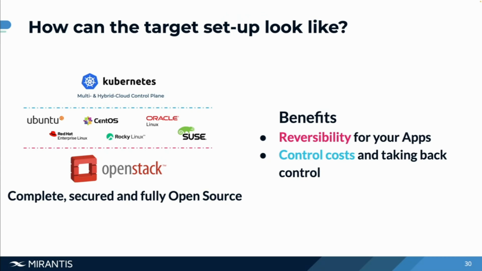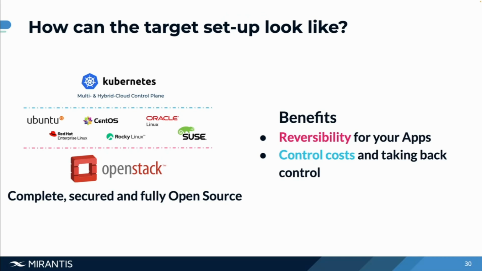But the target environment at the end of the day, if you look at the different strategies, whether it is VMs to VMs or VMs to containers, most probably it's going to be a mix of both, right? Because if you are going to retain some of these applications, maybe you don't want to retain these on expensive proprietary closed source platforms.